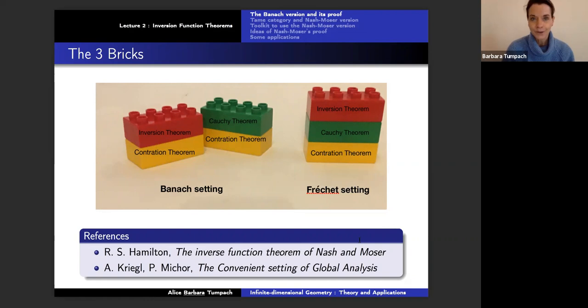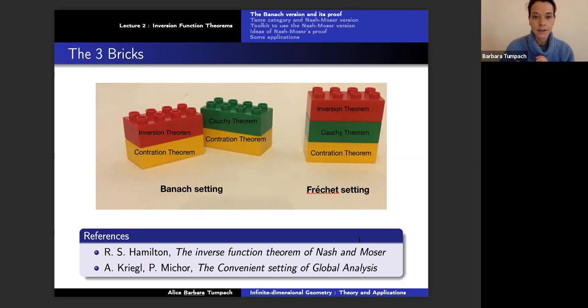First of all, the yellow one is a contraction theorem. This is at the basis of all these theorems. In the Banach setting, we use the contraction theorem to prove the inverse function theorem. So the inverse function theorem is the red brick here, and it is based on the contraction theorem.